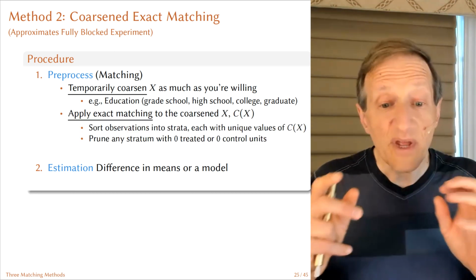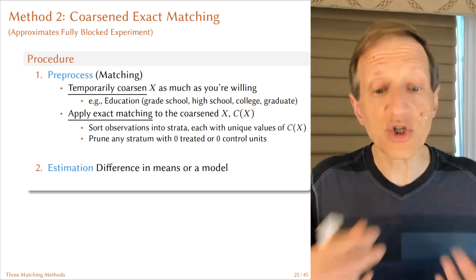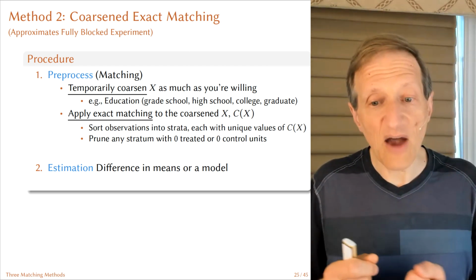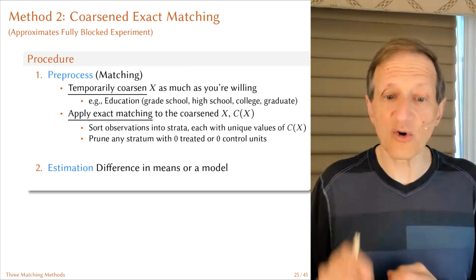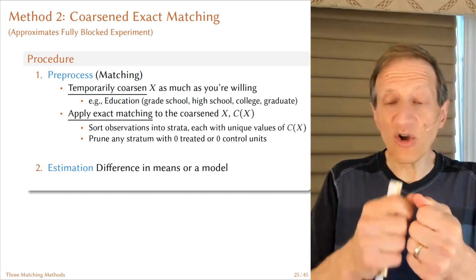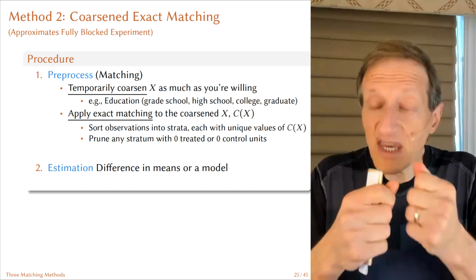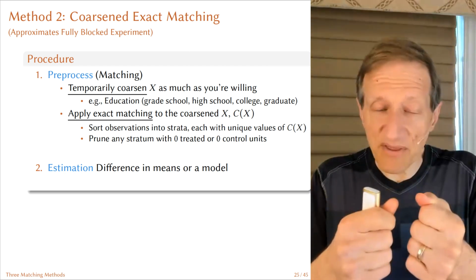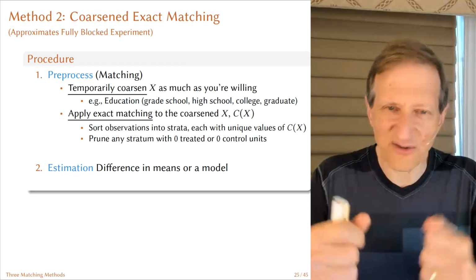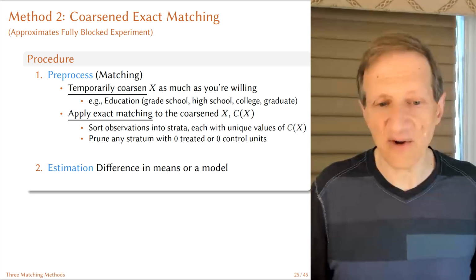In any event, we then apply the method of exact matching to the coarsened X. So you sort observations into each stratum, with unique values of the coarsened X. In other words, for every treated unit, you look for a control unit that has exactly the same values of the coarsened X. The years of education may differ, but both people will have a college degree or a high school degree or whatever it is. But you do it not only with one variable, you do it with all the variables together.